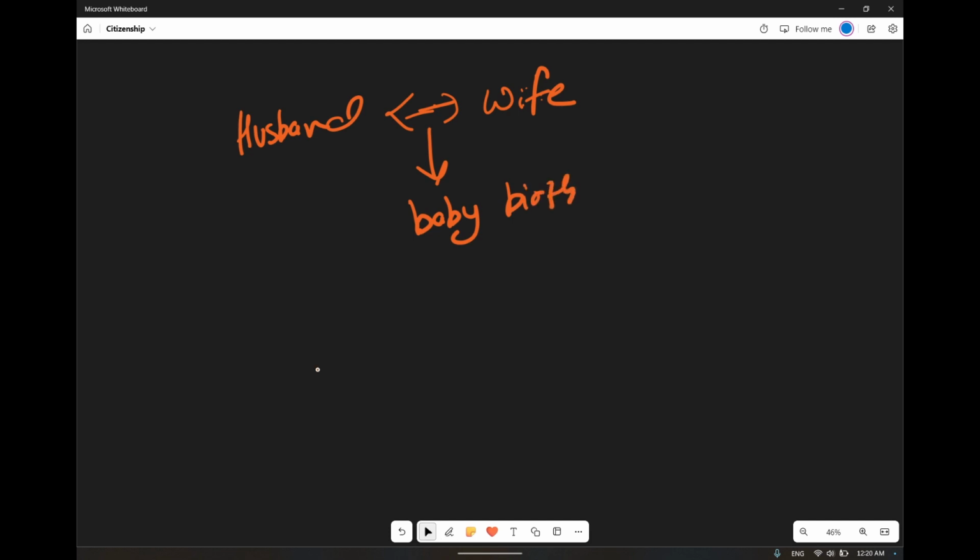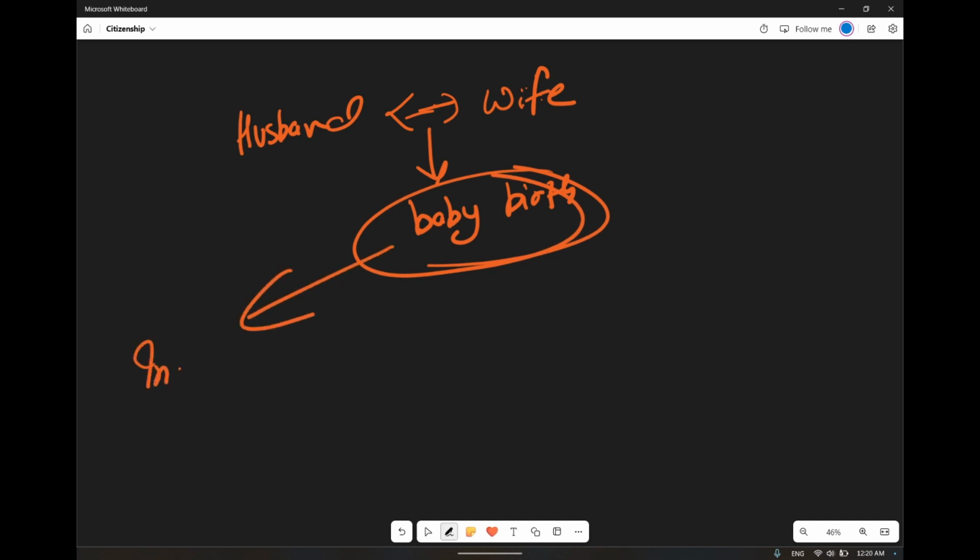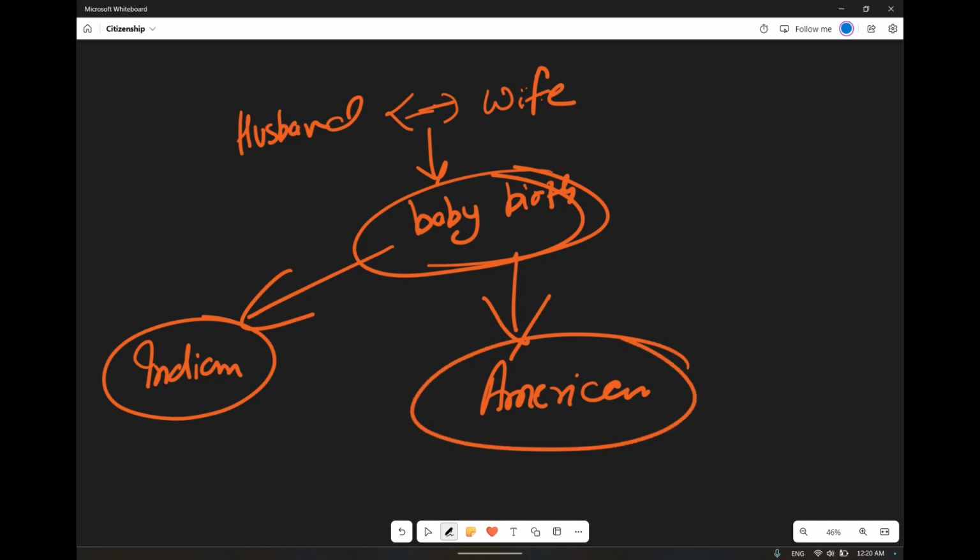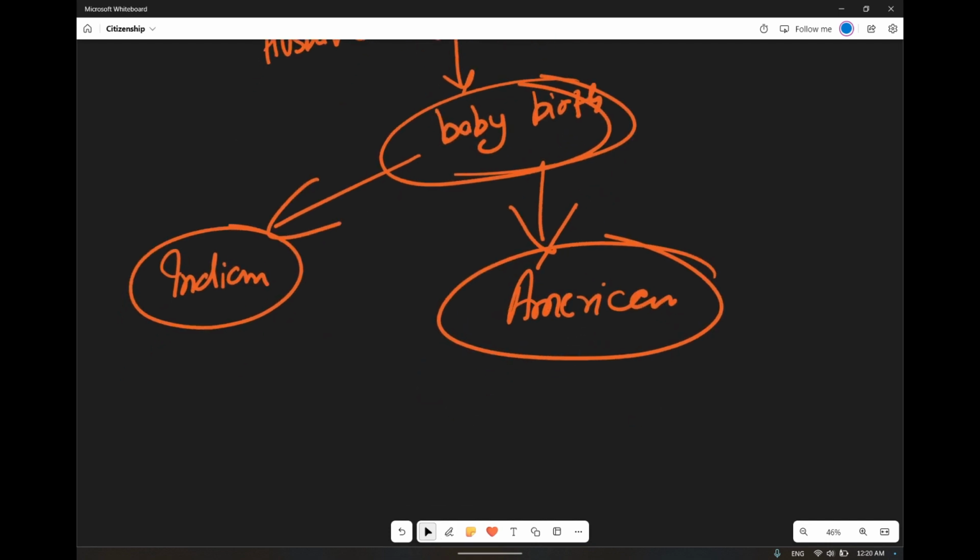Then, according to USA law, the child will hold American citizenship, as well as Indian citizenship because the parents are Indian, since the child was born on the soil of America.